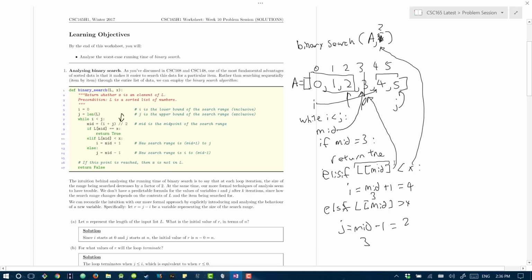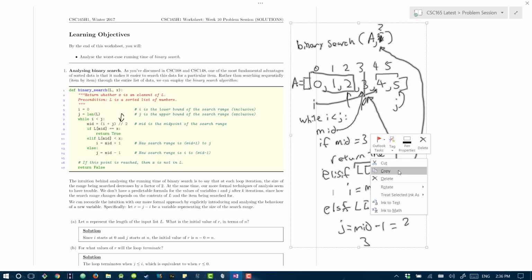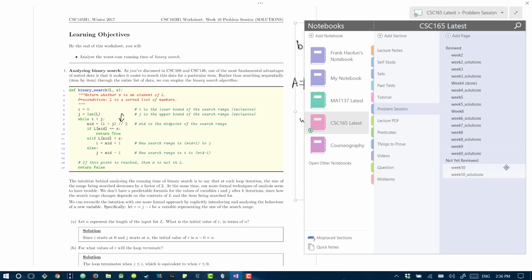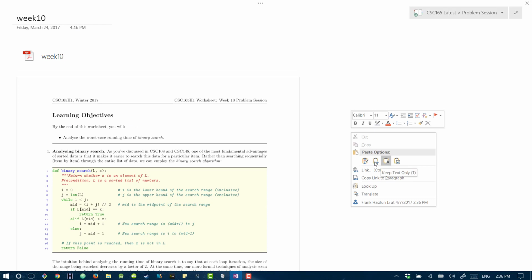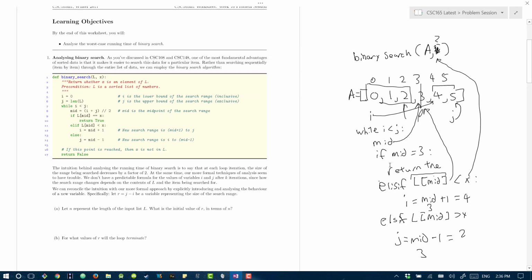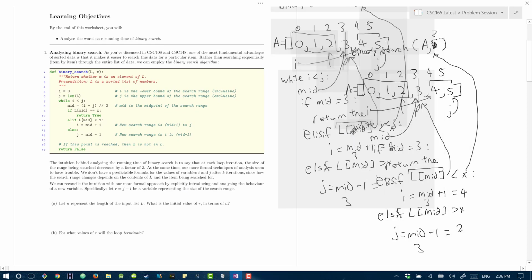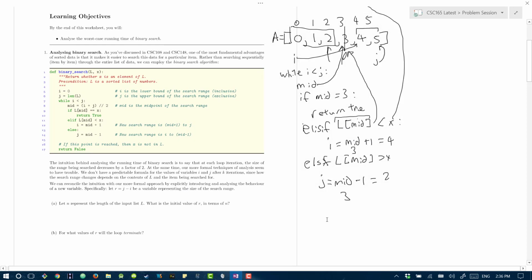Okay, then let's copy this and refresh here. Okay, so we have that there. Hopefully you'll be able to understand how the code works.